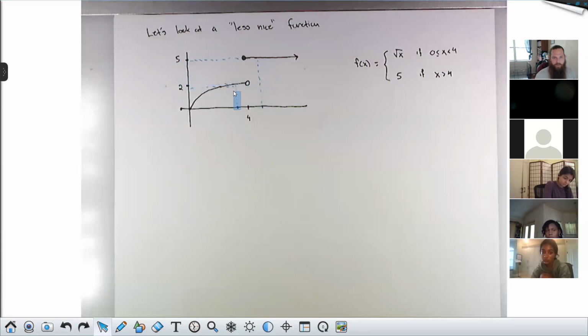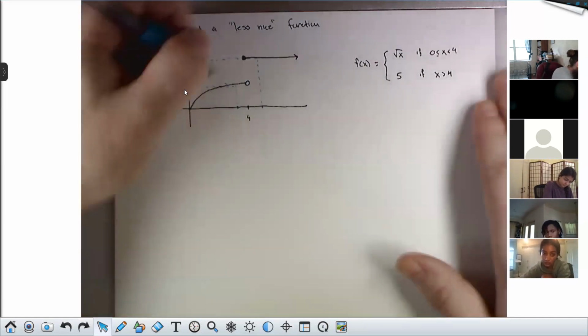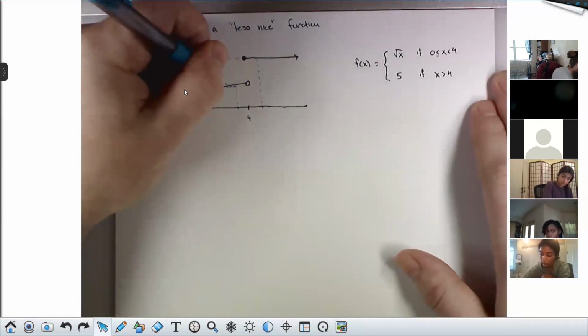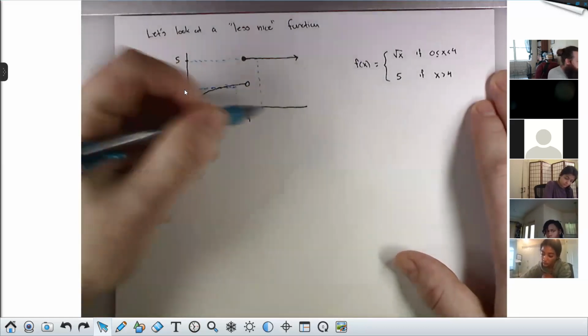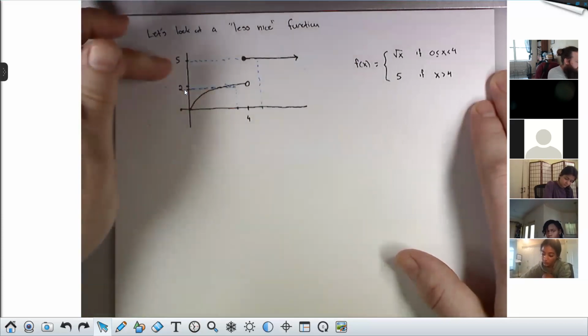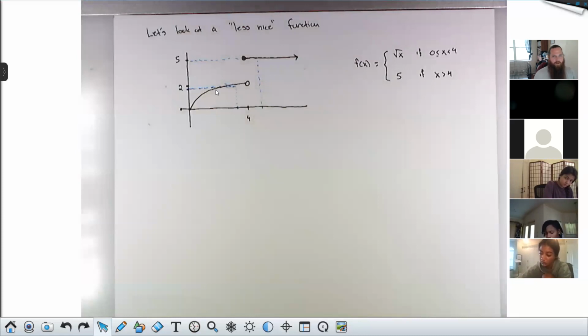You'll see as I bring this left point closer and closer, this blue dashed horizontal line is going to start coming up towards 2. But as I bring this guy in, he's always going to stay up here at 5. So as I shrink down like this, as I bring this in closer and closer to 4, this piece up here just stays here. It doesn't come down closer and closer to 2.